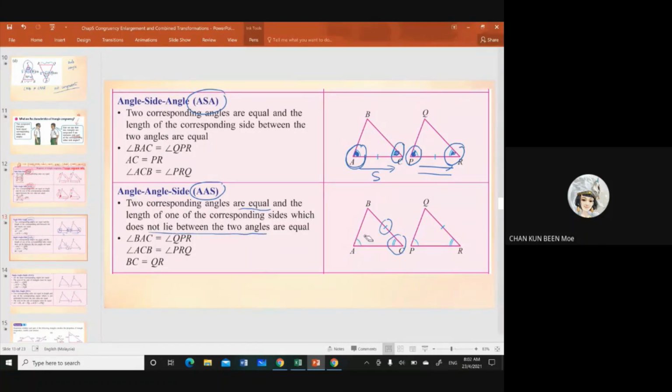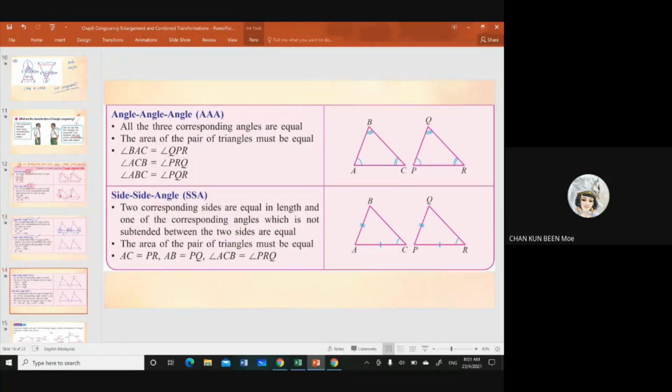So not only the diagram like this, if your angle is this part, then you are going to take the side over here. So it can be many ways. You also can take the angle from C here, then you are going to look at this side, angle, angle, side. Okay, so remember this one.